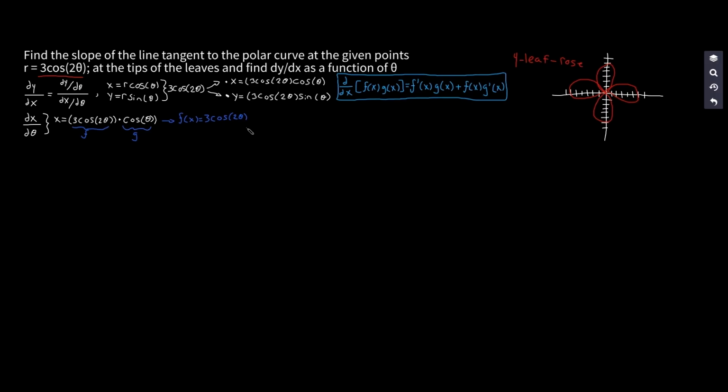But the thing about this is, when we go to take f prime of x, that means that we're taking the derivative of 3 times cosine of 2 theta.